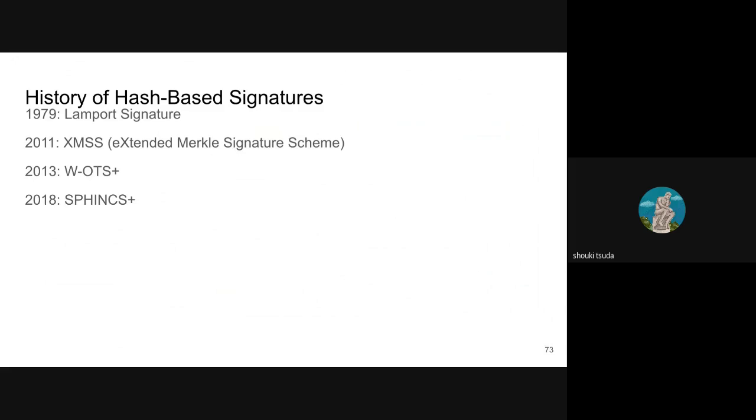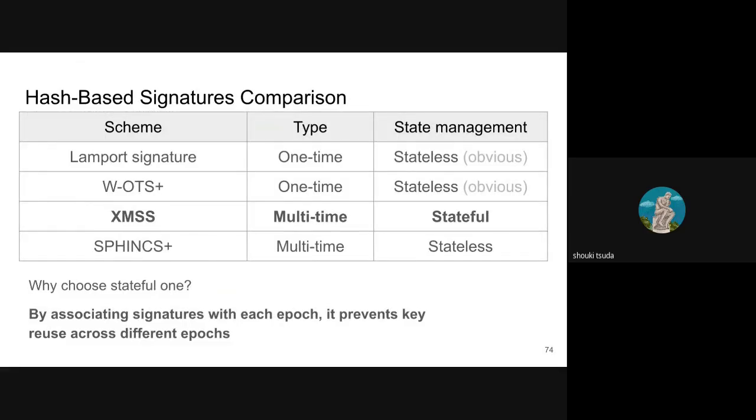So here is the hash-based signatures history. We have a bunch of options, but this time we are talking about XMSS. XMSS is categorized as a many-time signature, which means that in general, any other signature scheme is just one-time, but XMSS has a setup phase that determines how much we can sign in the future.